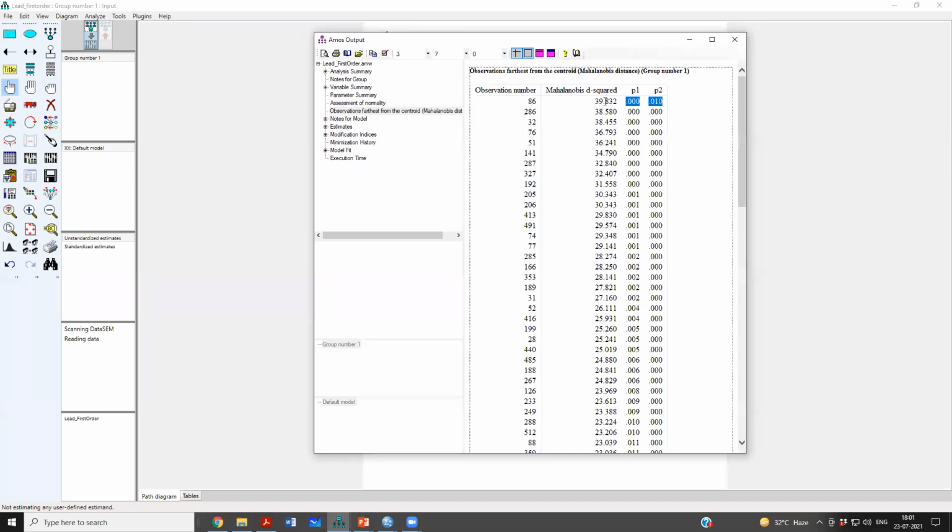So it is a significant distance, but what we usually look for is the trend in this distance. And the trend does not indicate that there is any case which is behaving differently as compared to the others in the data.